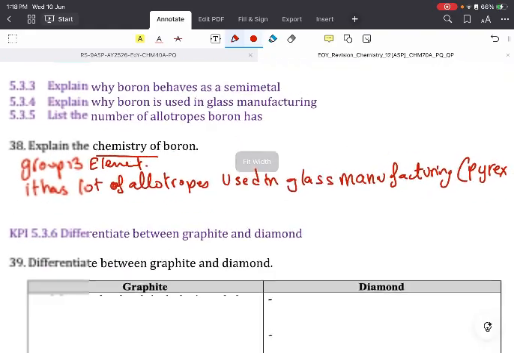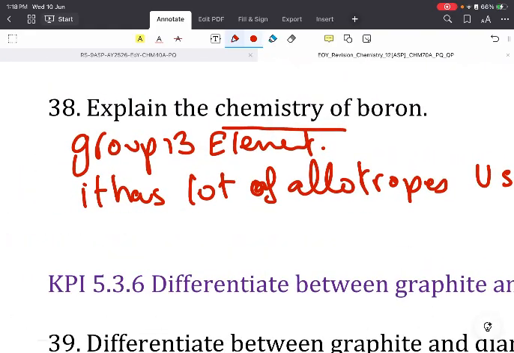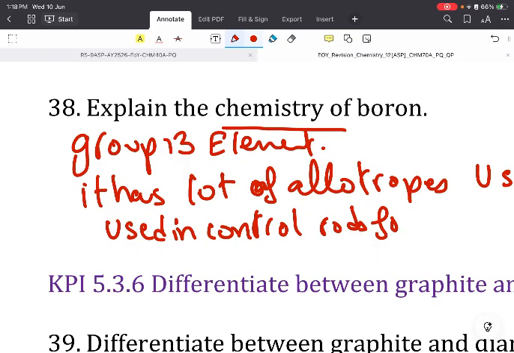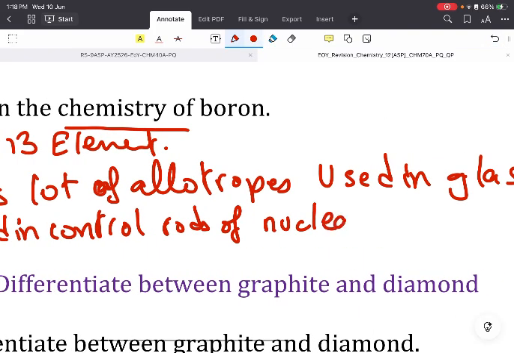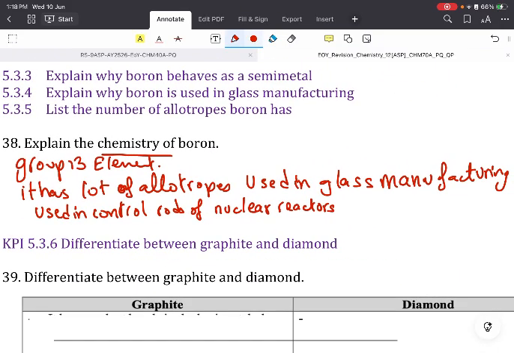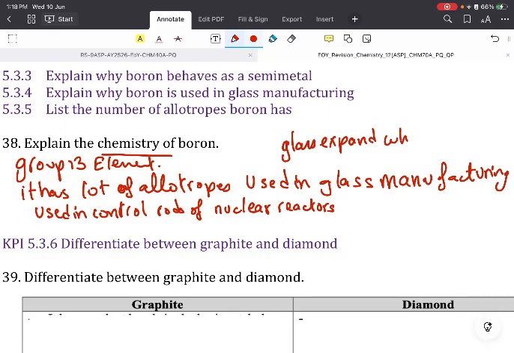Also, one of the important things about boron is that it is used in control rods of nuclear reactors. Glass expands when heated.